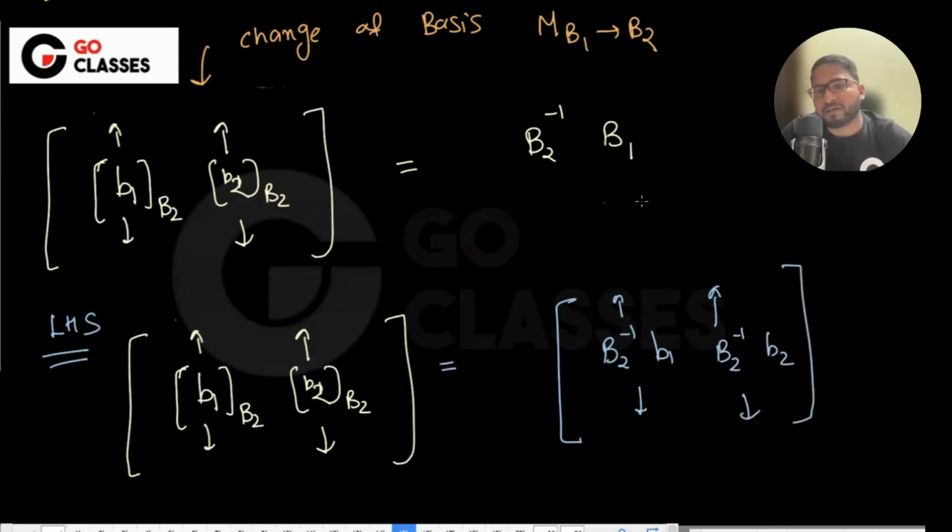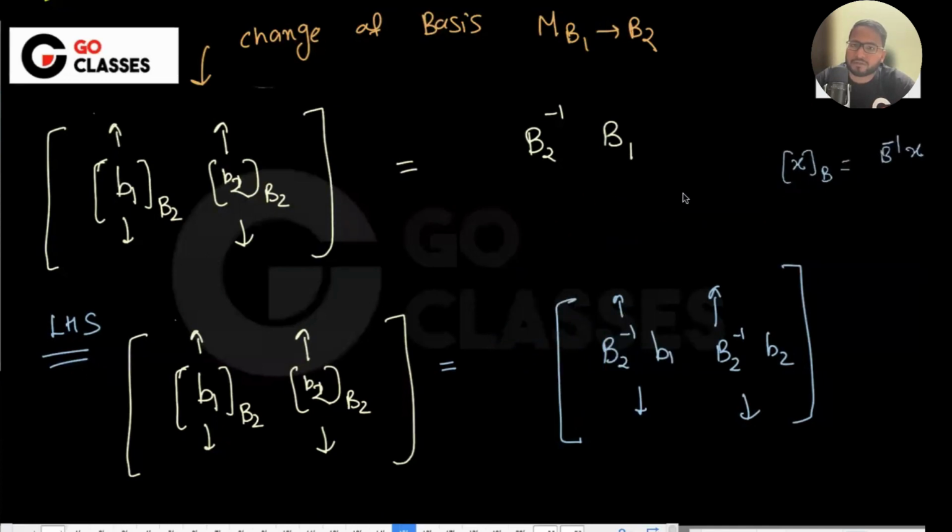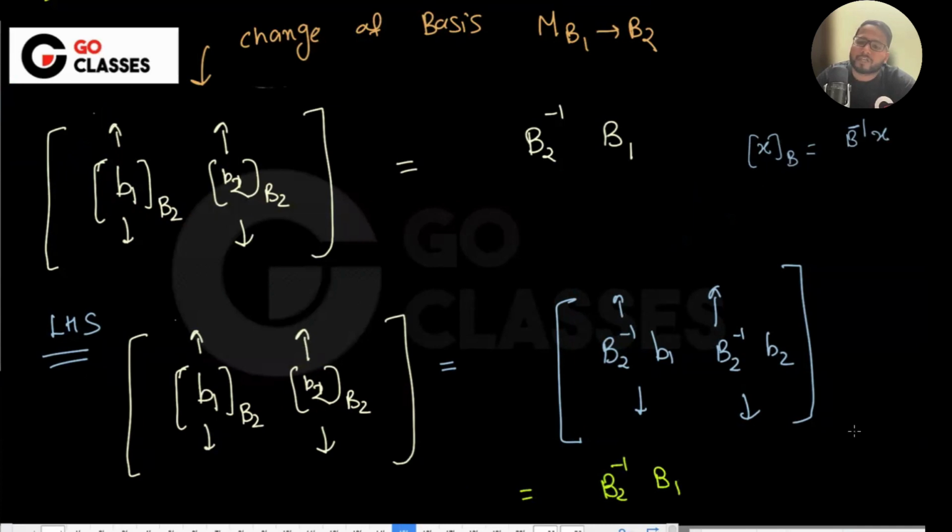I mean, if you're representing any vector X in any basis, you can always write that particular vector X into B inverse, right? I mean, from the standard basis. Is this fine? So basically, if you're representing in B2, then this is the same as this. Okay. So for any vector and for any basis, I hope that's fine. Now you can take this B2 inverse common, and which is the same as B2 inverse B1, isn't it? That's very easy to see.